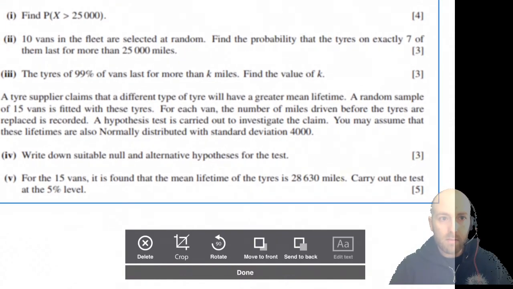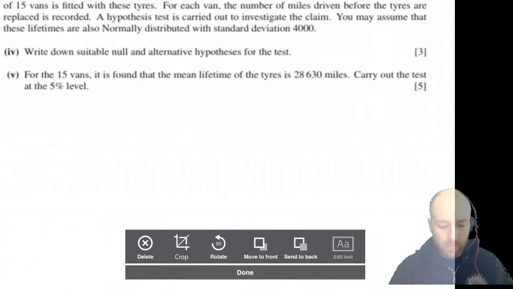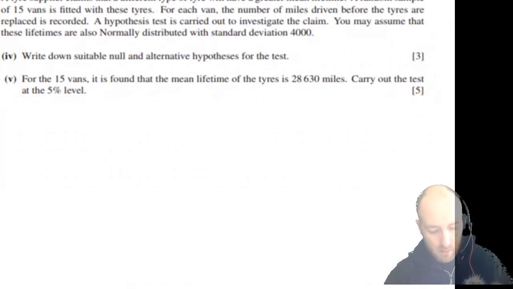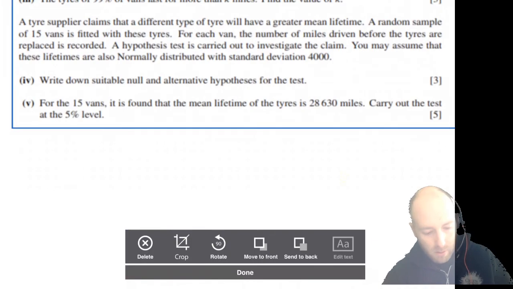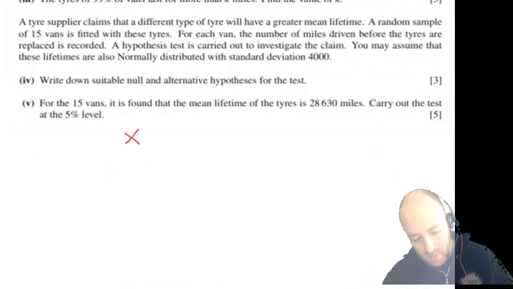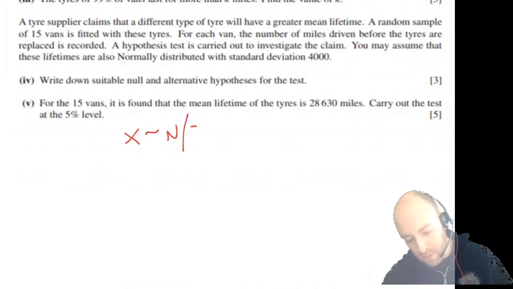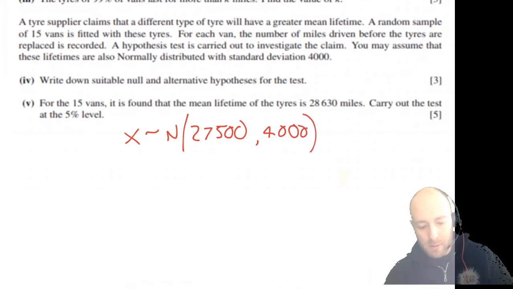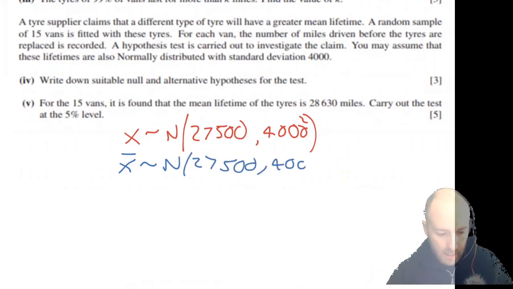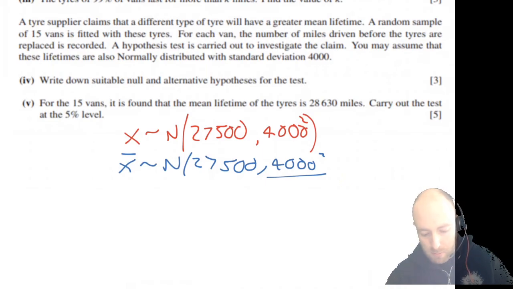The rest of this is not really relevant anymore, but you would like to see it, I guess. So x is normal 27,500 and the standard deviation was 4,000. So now we're looking at the sample mean distribution. So x bar, same mean, 4,000 squared over n, and n is going to be 15 vans for our sample.